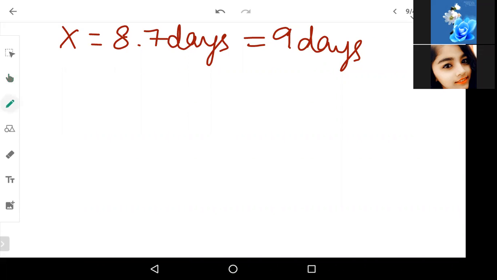So, write the conclusion. Therefore, what is given in the question?